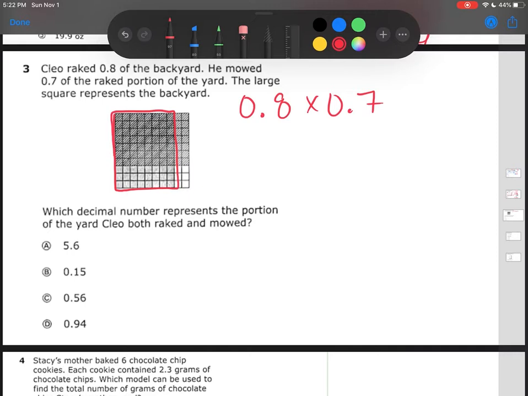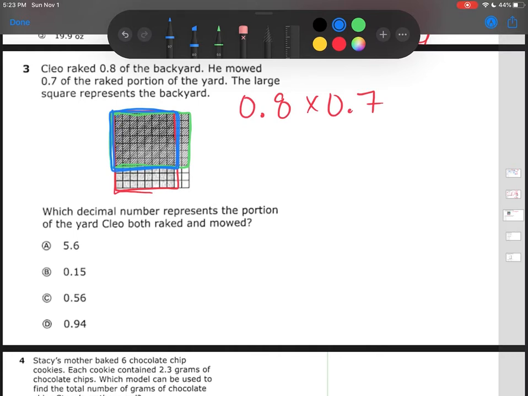Well, I've got my 8 tenths right here, right? This is my 8 tenths portion of the yard. That is how much was raked. Out of that 8 tenths, 7 tenths was mowed, right? So that would be this portion of the yard. The part that was both raked and mowed is our answer, which is the space that was overlapping, which would be this right here that I'm outlining in blue.